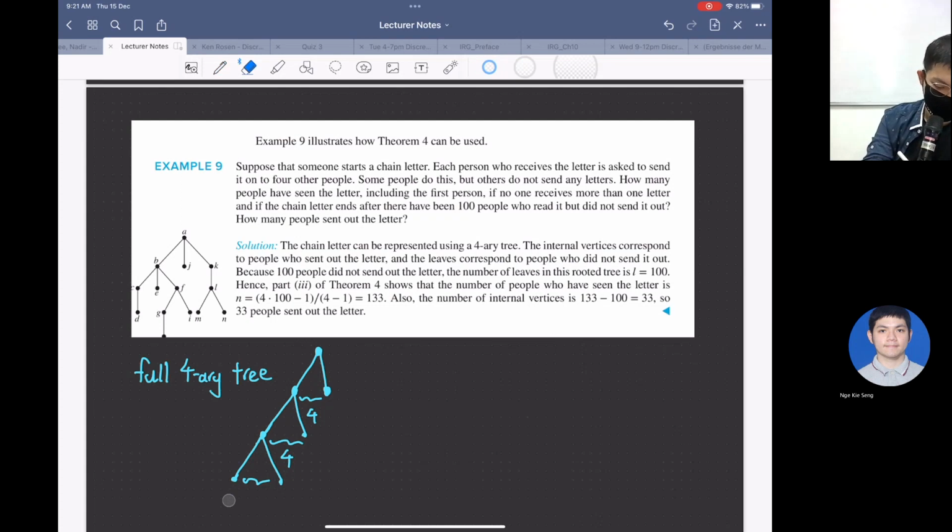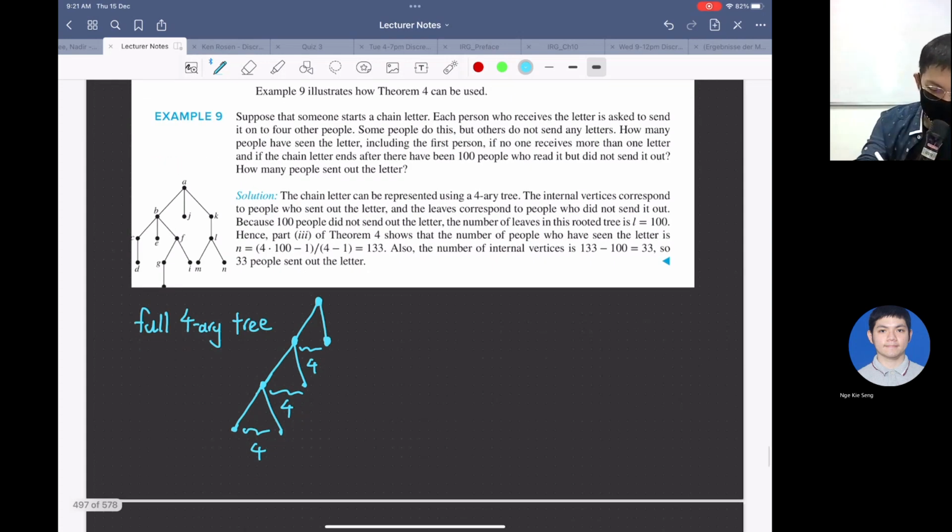So in this case, what are you asked to find? You're asked to find how many people have seen the letter and how many sent it out. So in this language, the root is the first person. And then what are the leaves? A leaf has no child, right?